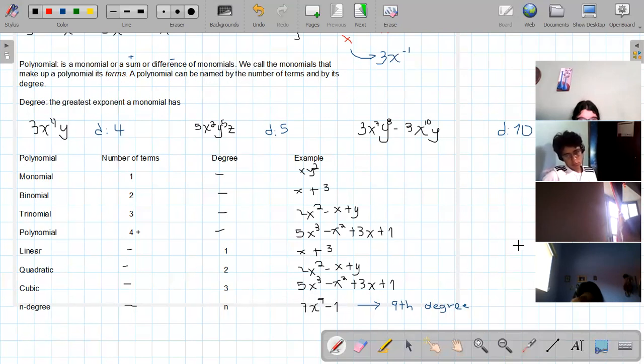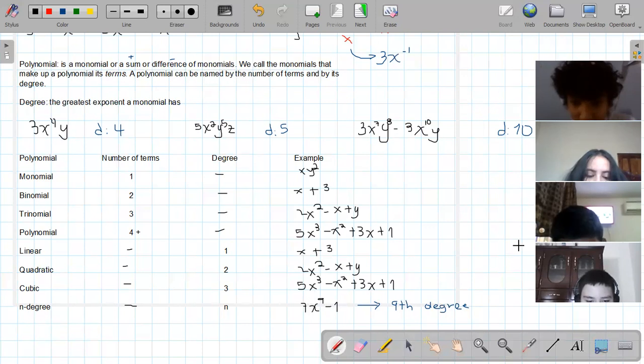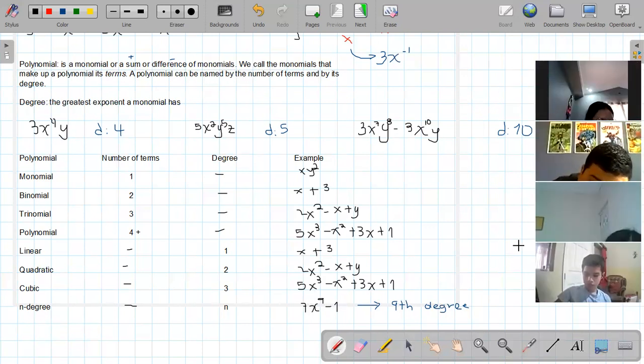So from 4 up, you call it the nth degree, because you will have to say whatever number, degree, okay? Just the first 3 have a specific name: linear, quadratic, cubic. Actually, the 4th degree is called quartic, but from there on, we say the nth degree, okay? Are we clear with this part? Yes?